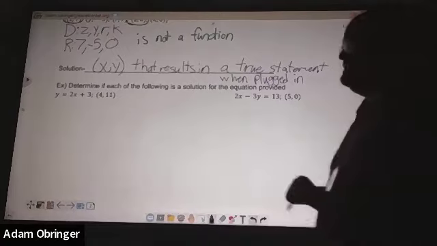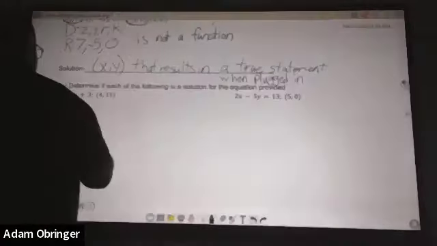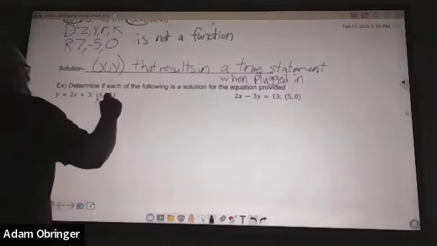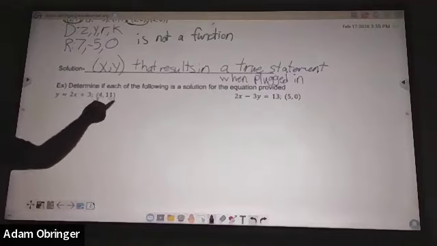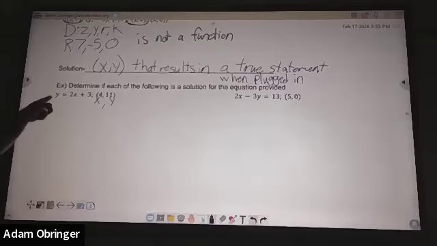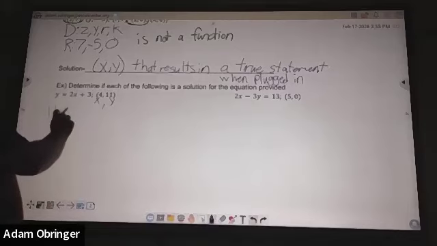Now, what I mean by that, every coordinate, as we mentioned earlier, is made up of an X and a Y. And we have an equation here that we are going to plug these numbers into. So instead of Y, why not write 11? We have 2 times X. Well, instead of X, why not write the 4?